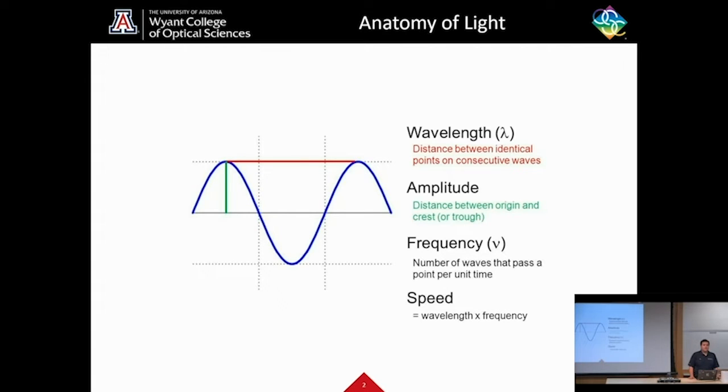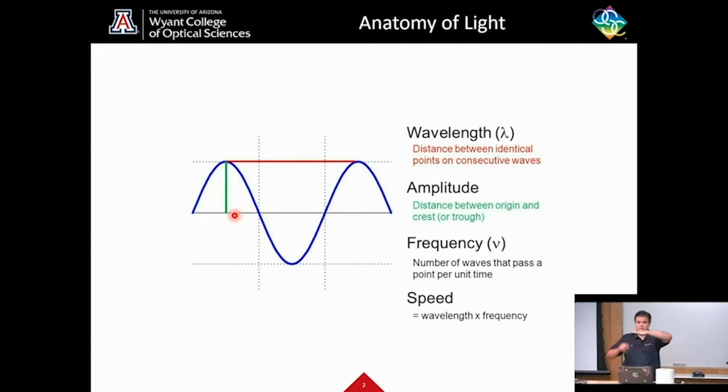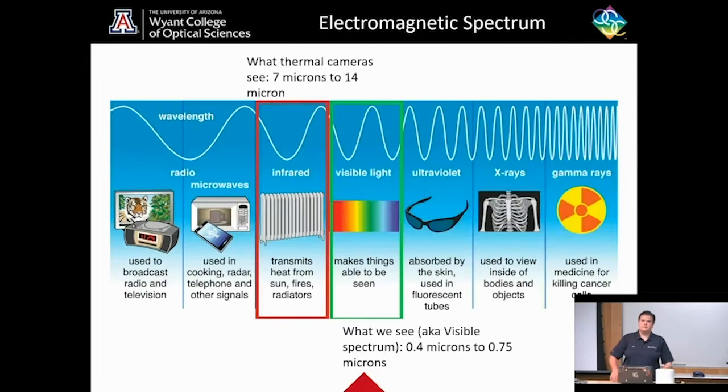The next thing is amplitude, which is the distance between that line down the middle of your wavelength and either the top or the bottom. So here to here on your wavelength. And then finally, frequency. And frequency is just how fast those squiggles of light are going past you.